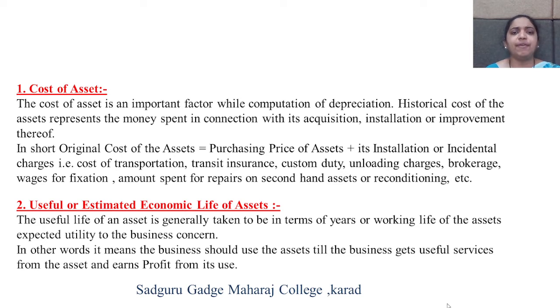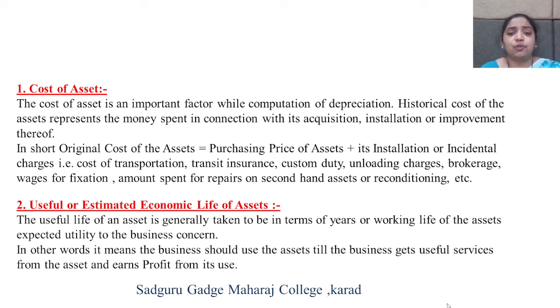Example, it is purchased for 50,000, plus you have brought it from that shop to your home, for that transportation and unloading charges 10,000. That means what will be the original cost of an asset? 50,000 plus 10,000, 60,000. So remember this formula, original cost of an asset is equal to purchasing price of asset plus installation or incidental charges should be included in that. So first is very important, cost of an asset.